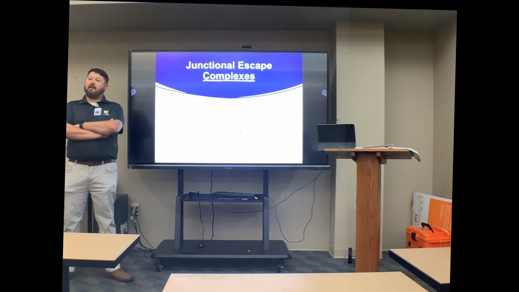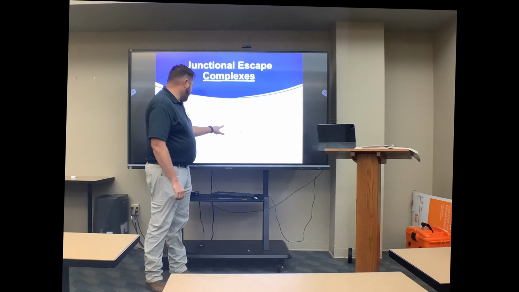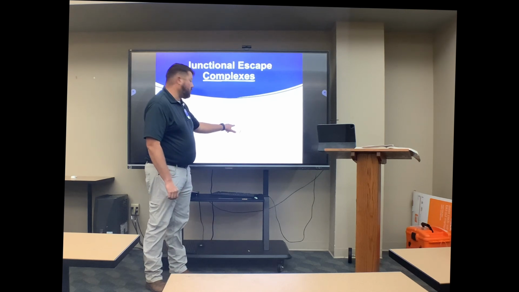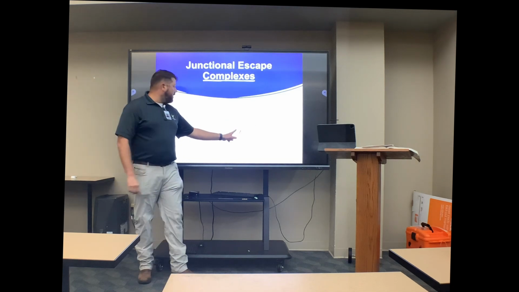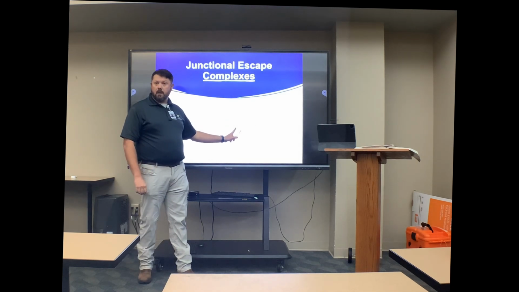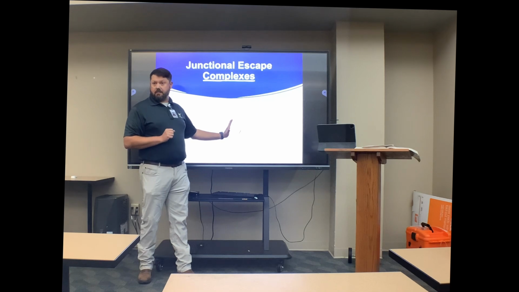Is it before or after this complex? This one right here. So if I were to take that, where would my next one fall? Yes, so it would fall before, right? What's my rule for a PJC, a premature junctional complex or contraction? It's premature. It occurs before my next expected beat.